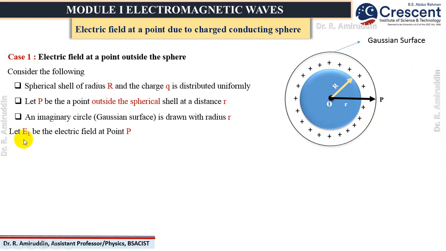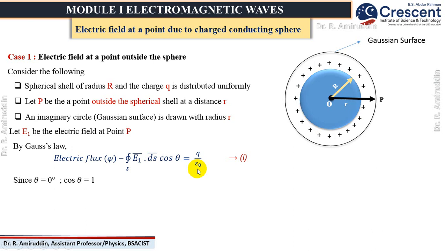Let us consider it as E1, and by Gauss law we know that the electric flux phi is equal to the integration of capital E1 ds cos theta is equal to q by epsilon naught. Let us consider this as equation number 1.